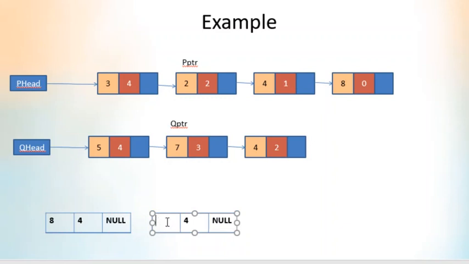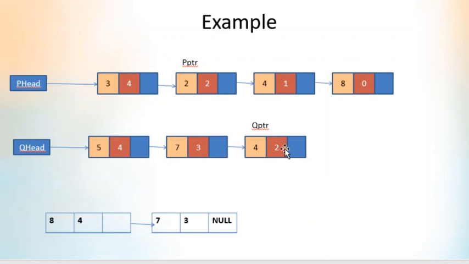So the coefficient 7 is copied and the exponent is 3, and the previous node's next field should point to this new node. Now the node from polynomial q is added, therefore we have to move the q pointer to the next position.